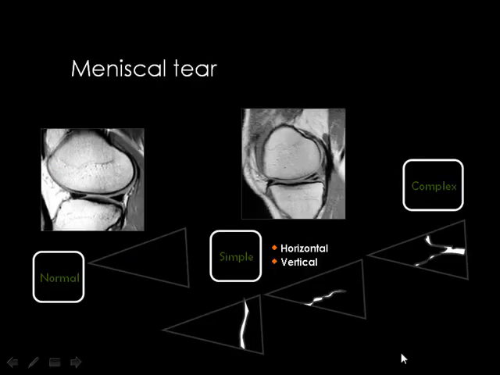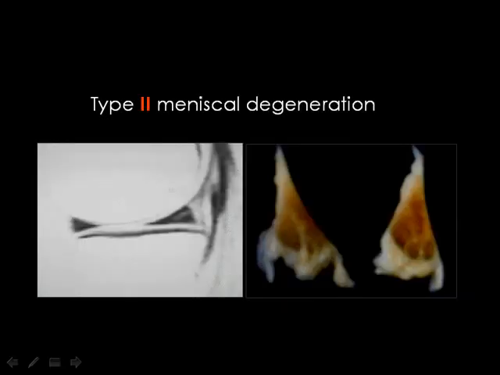Then if you see an abnormality which cuts the border of the meniscus, this is tear, okay, and we have simple tears and complex tears. First of all, you see this is the medial meniscus, and this is the linear abnormality with intact borders of the meniscus.